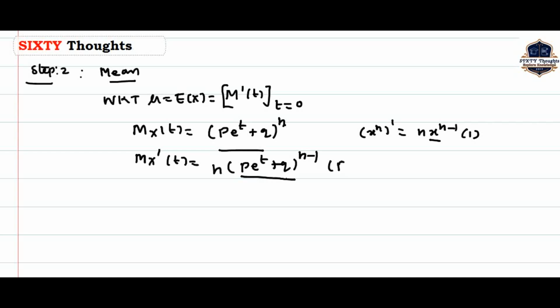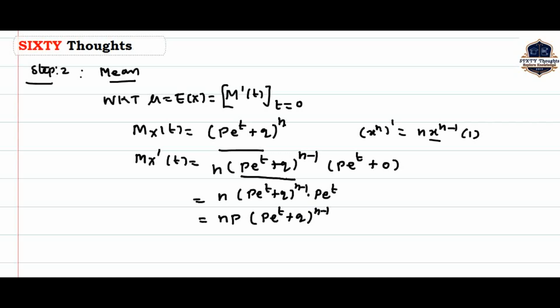The differentiation of e^t is e^t, plus the differentiation of the constant, which gives 0. So that is n (p e^t + q)^(n-1) into p e^t. Here n and p are binomial parameters, which we consider constants. So we get np into (p e^t + q)^(n-1) into e^t. This is called M_X dash of t.